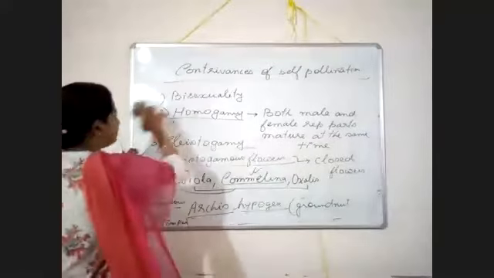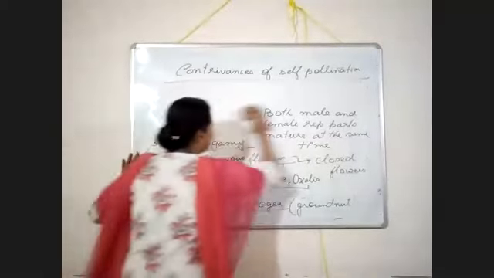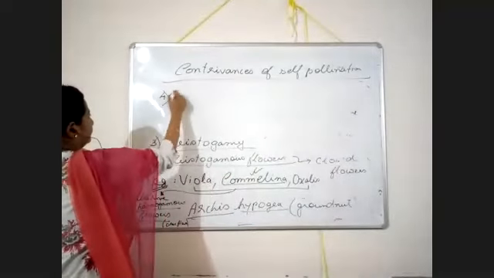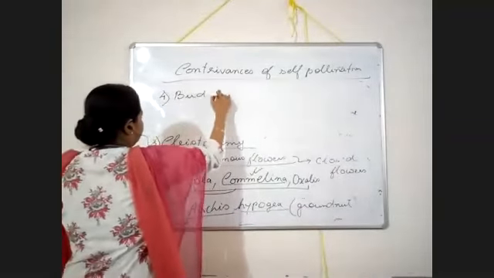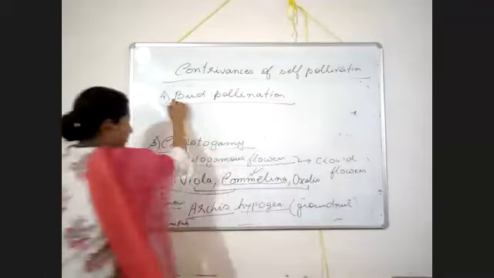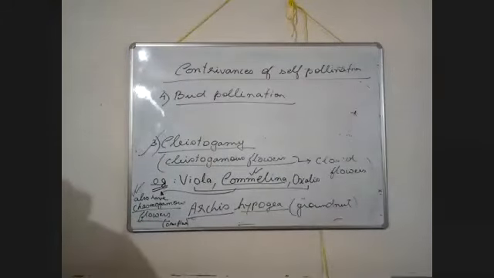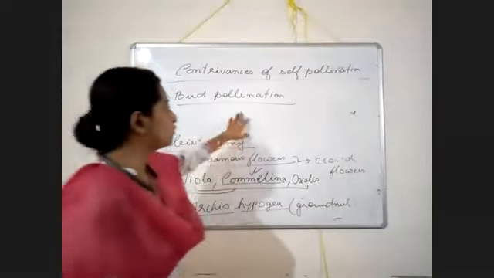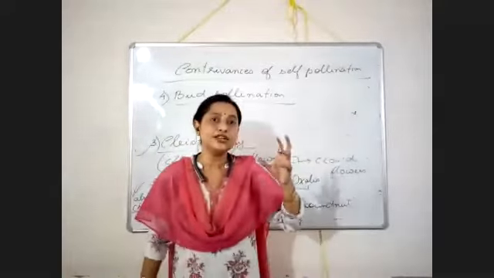And lastly we will talk about the last factor, that is bud pollination. So what is bud pollination? In certain plants, pollination occurs in the bud condition itself. The flower is not able to open, and pollination happens in the bud condition.